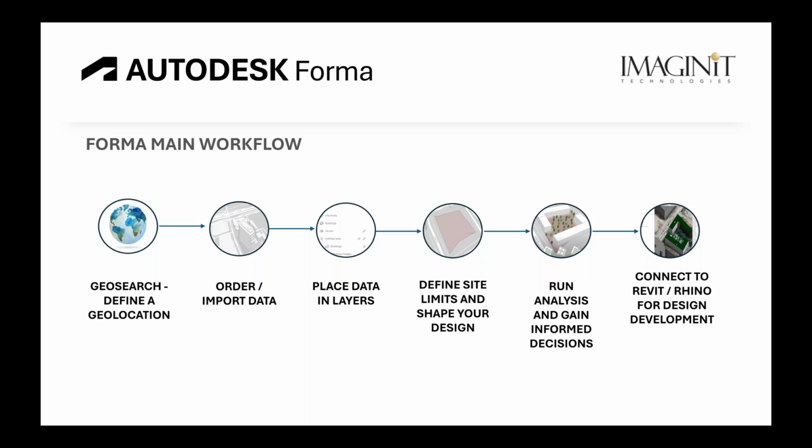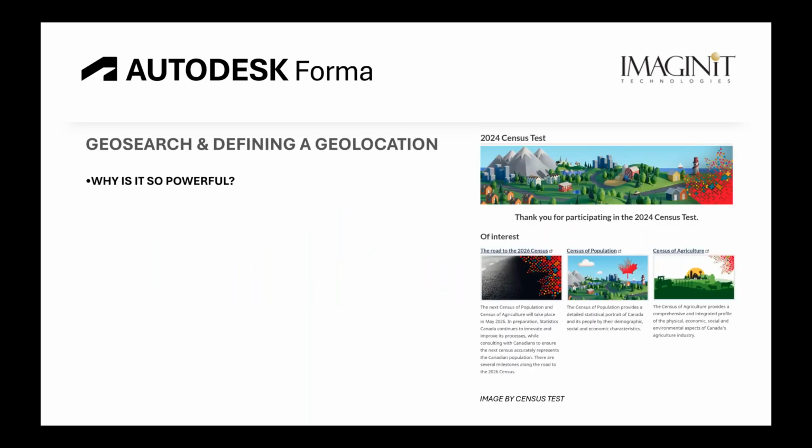Then you go into defining the site limits and shape your design. You go through the analyses, different types of analyses. And finally, you can download your model and connect it to Revit or Rhino. So this is the main Forma workflow.